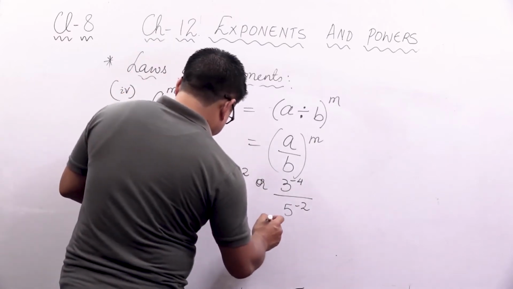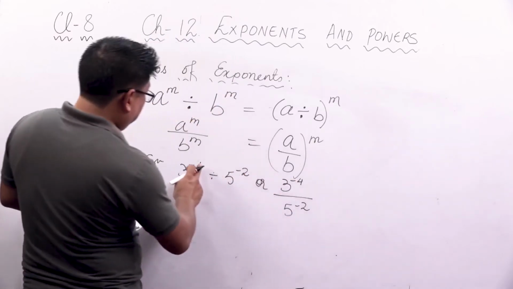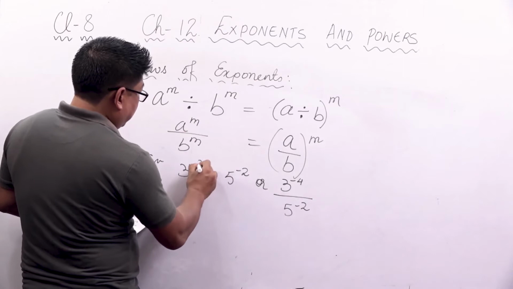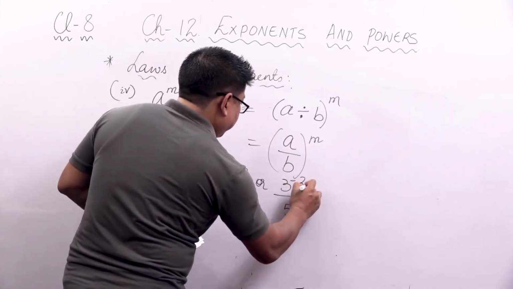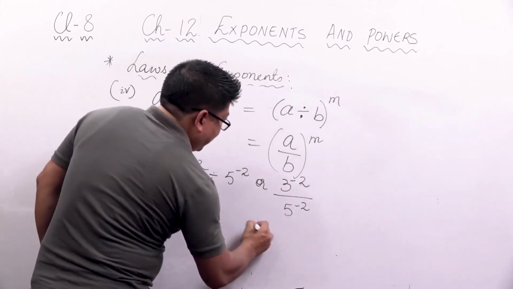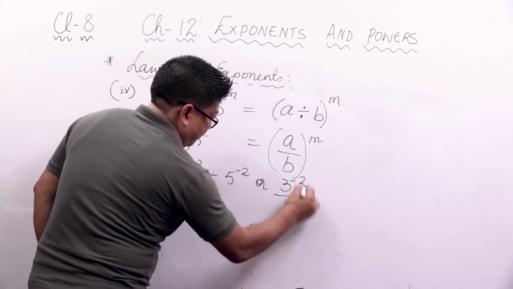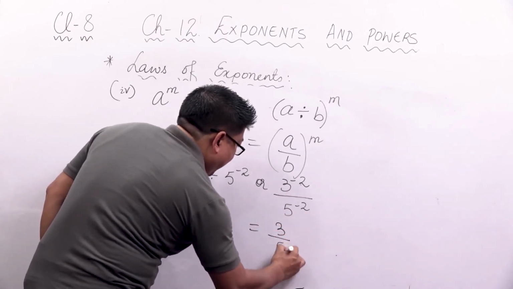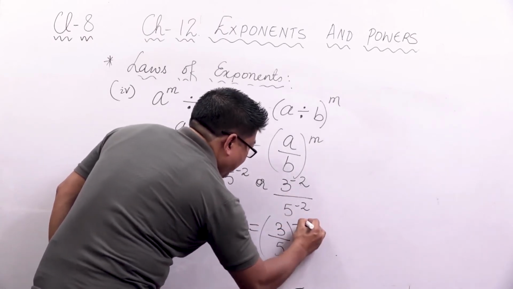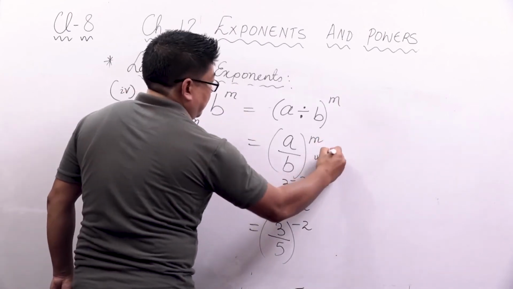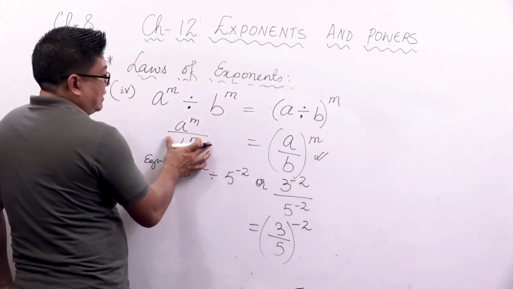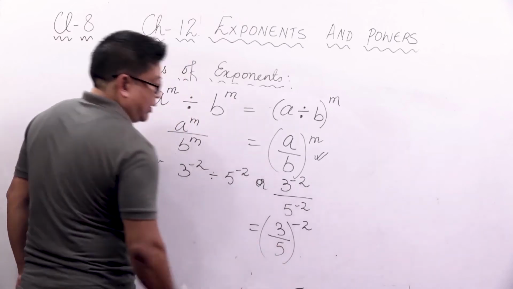So the power should be the same. I will write the same power. Now you have the same power, so 3 by 5, I will take as a common power. This is equal to this.